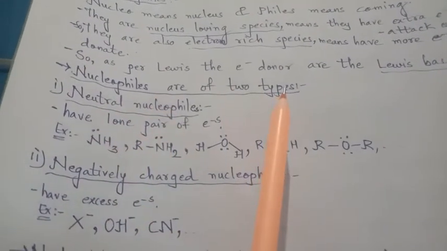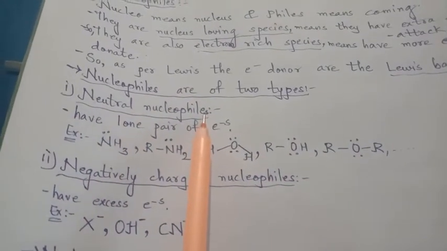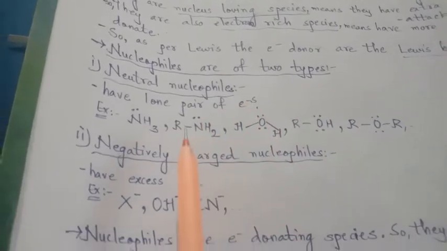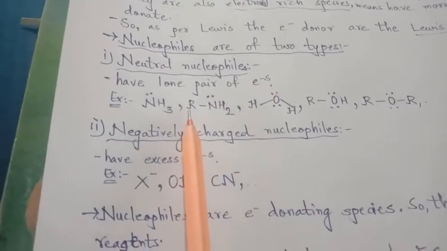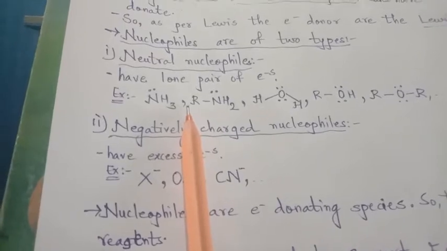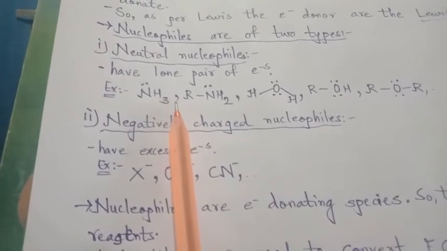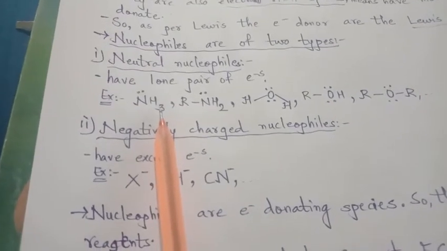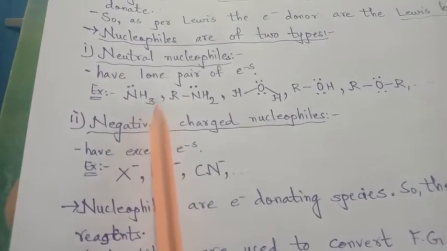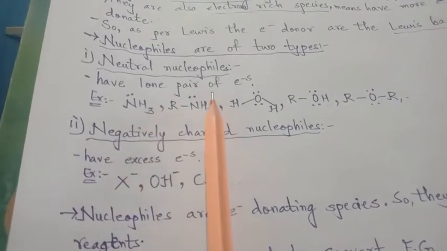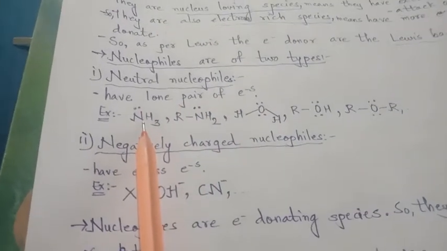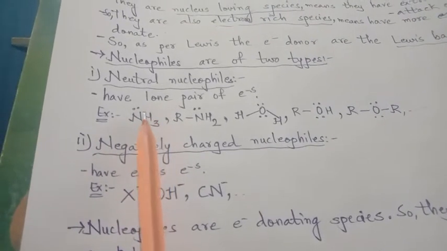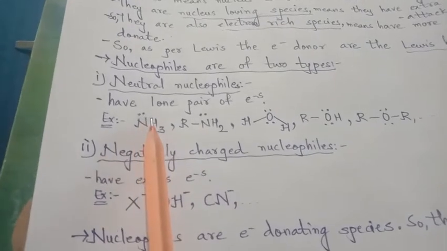They are of two types. One is neutral nucleophiles, which have lone pairs of electrons. Neutral nucleophiles are those species which have lone pairs of electrons even on formation of the compound as a molecule, which can even bond to other elements or compounds, in hybridization that we will learn later. See here, this is ammonia having one lone pair.